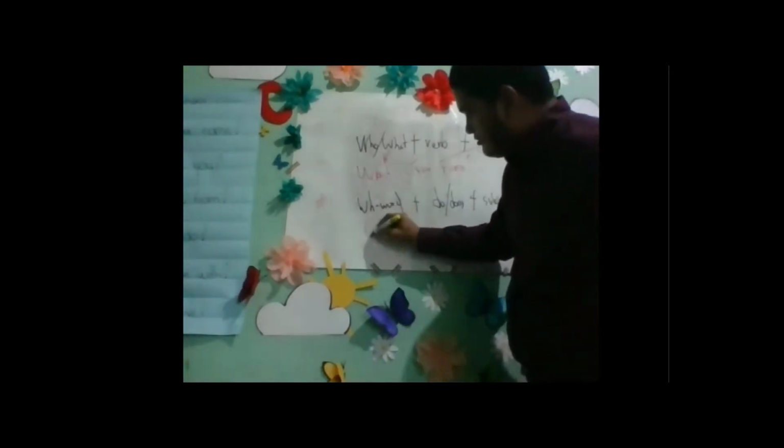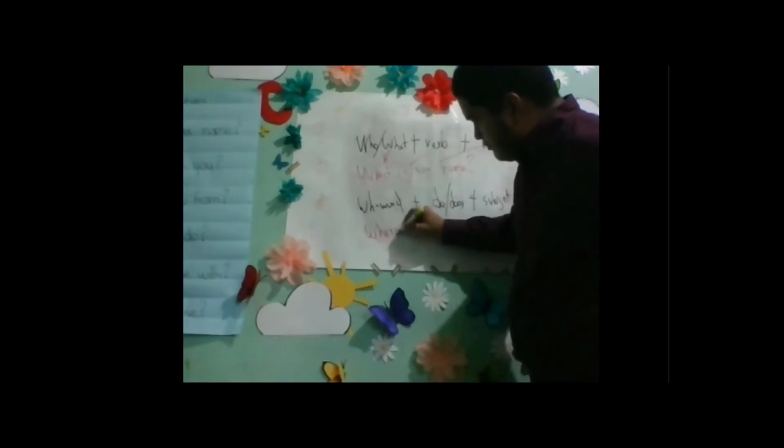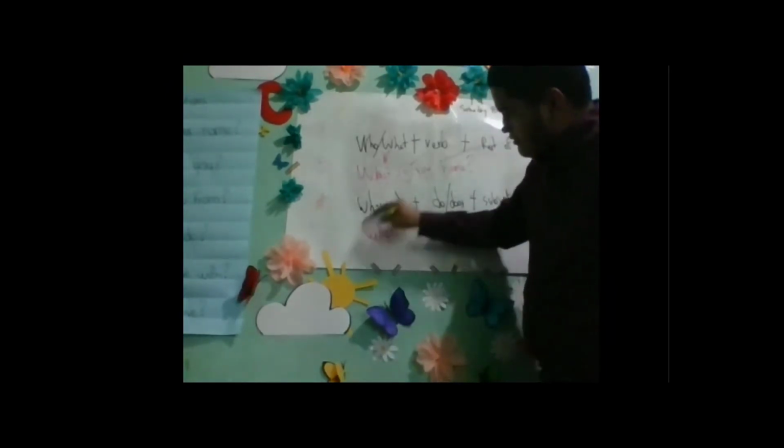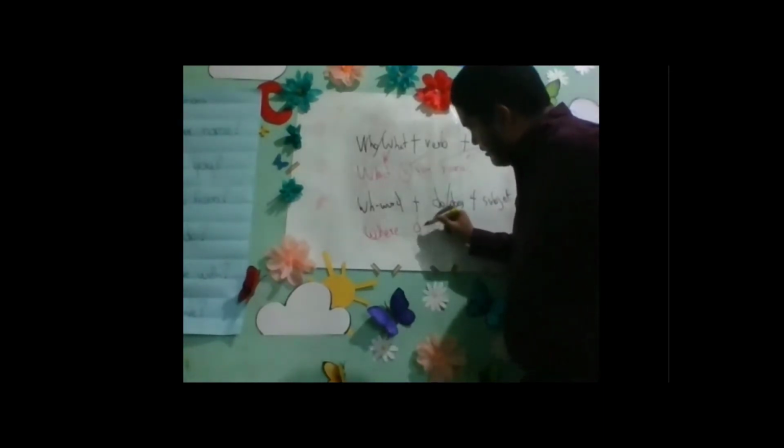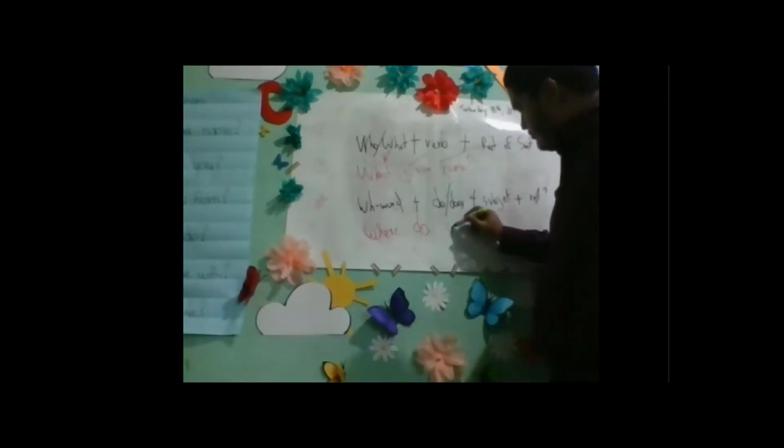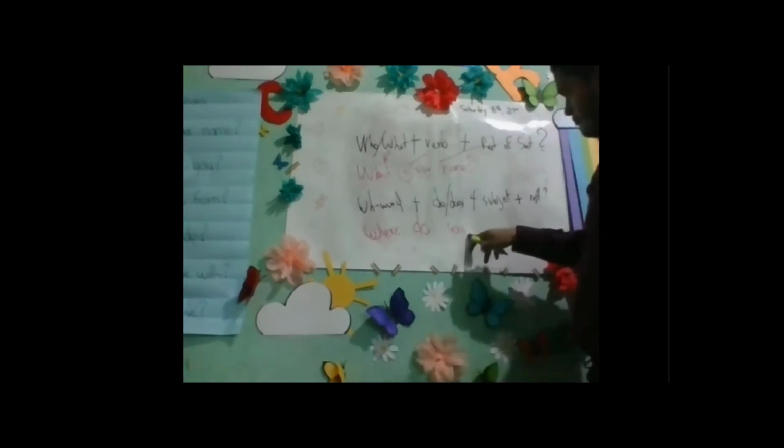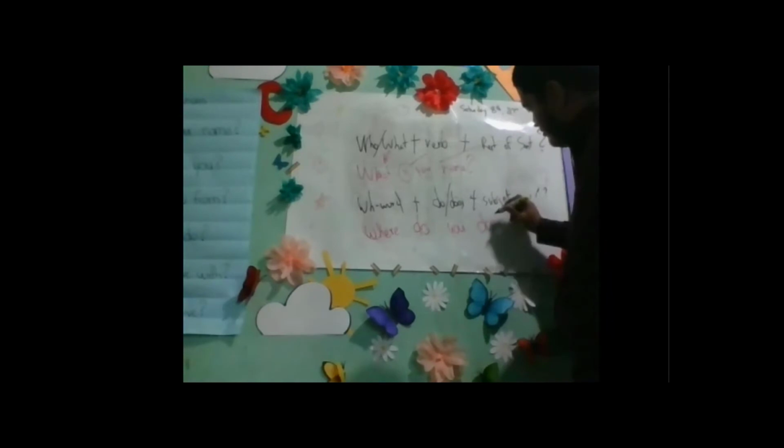In this case, we want to use where, which is a WH question word, plus do or does. Okay, when you want to use do plus the subject, which is you, then the verb, in this case, I'm going to use live, and the question mark.